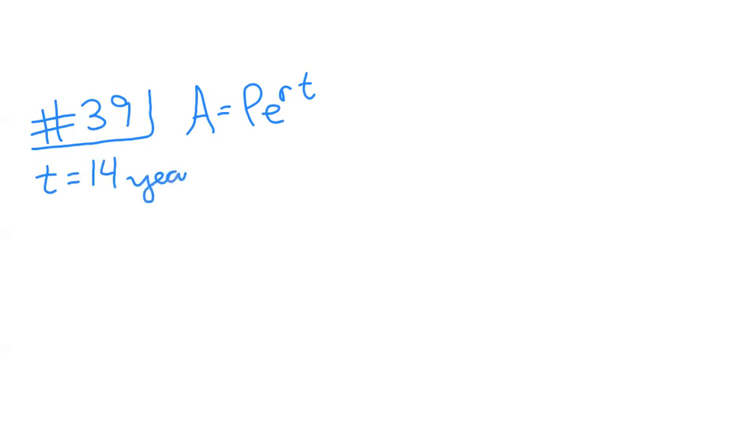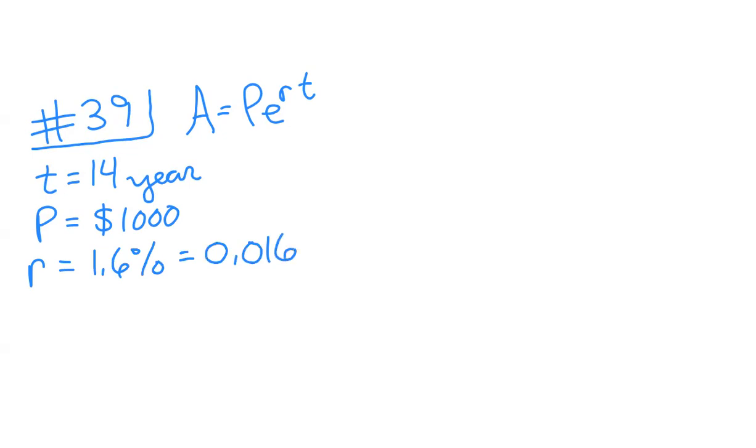If you deposited $1,000 for your child's education and the interest is guaranteed at 1.6%, which is 0.016, compounded continuously. So if we were to fill out our equation, we would type in 1,000 times E. Let's do RT over here, right?